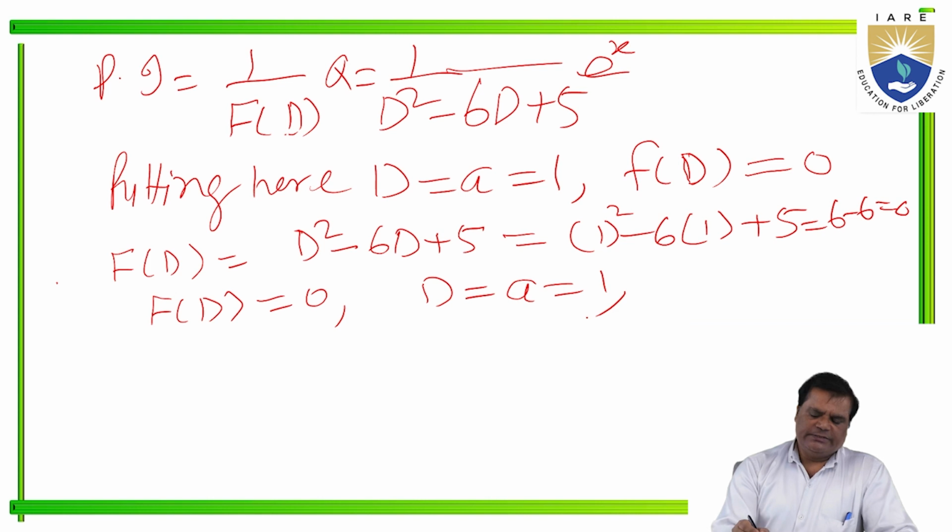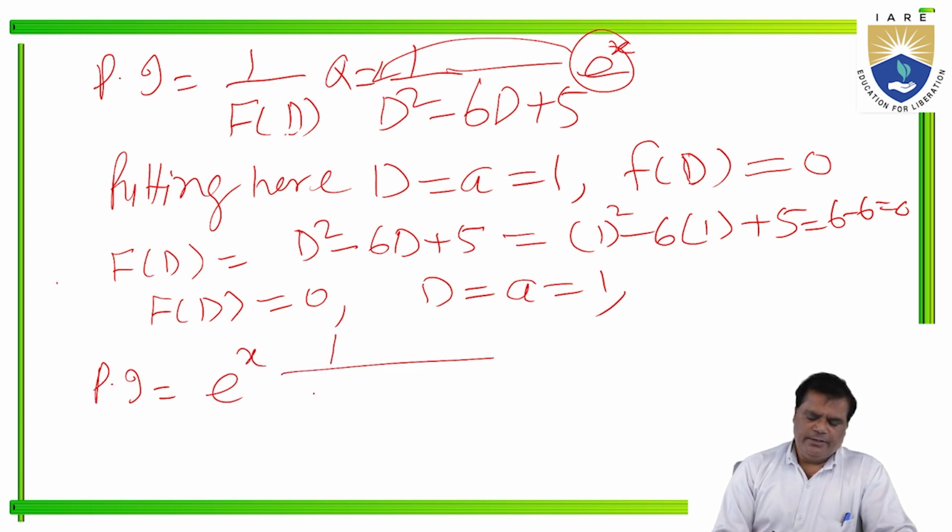So now this case arises: e to the power x taking left side, then PI equal to e to the power x, and writing here D plus 1, minus 6 into D plus 1, and plus 5, and 1 only.